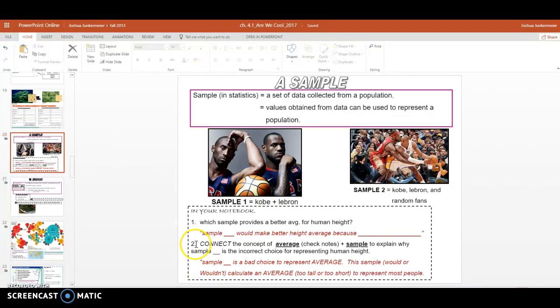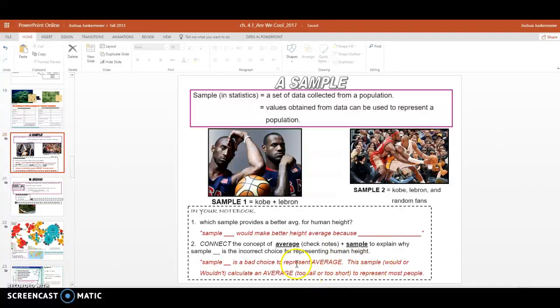So in your notebook, write number 2, and then copy down this sentence phrase, and then I'll help you fill it out. It says sample blank is a bad choice to represent average. So which one of these samples would be bad to use to represent the average human height among people? And then it says this sample would or wouldn't, choose one of these only, and then you finish the sentence: calculate an average, and then choose too tall or too short.